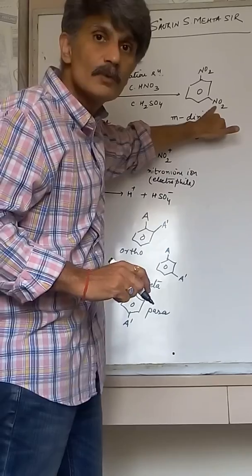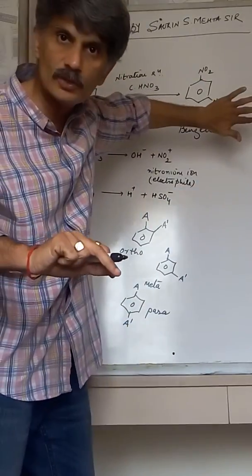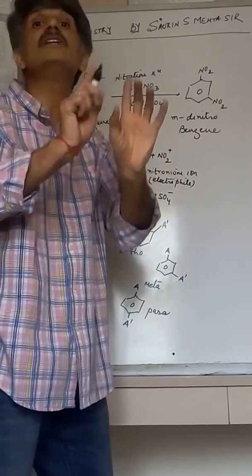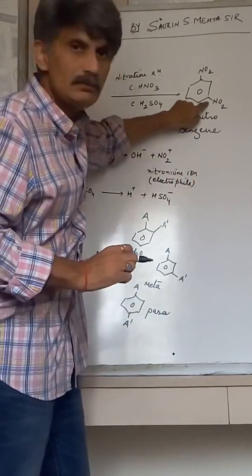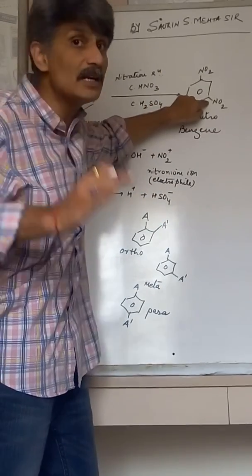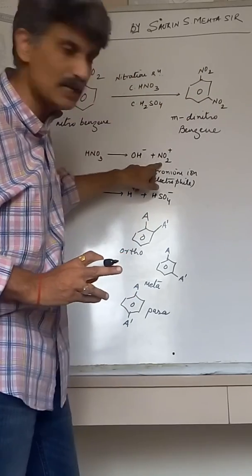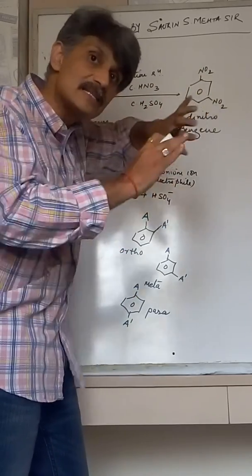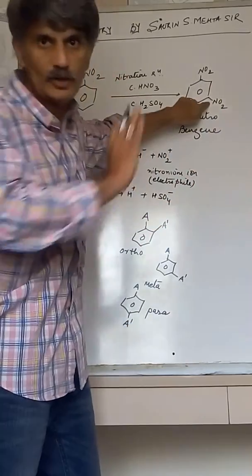The H which was bonded to the carbon leaves the carbon, leaving its electron, and as a result that H attains a plus sign. It's a proton now. The carbon from where H has left attains a minus sign. So this carbon is minus, NO2 is plus. So that plus and minus nullify, and as a result NO2 settles on carbon, forming a bond.